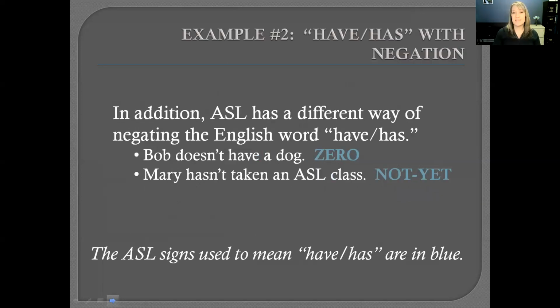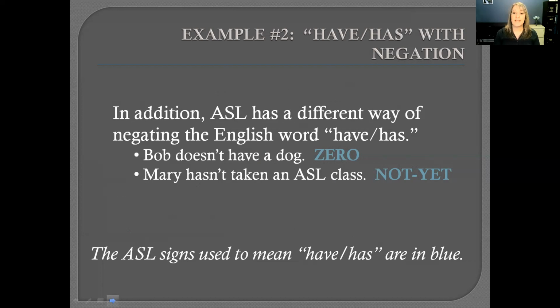So there's actually an additional feature in ASL relating to the word have or has, because in ASL, there is a different way of negating the English word has. So you don't just say, I don't have to go to the store. I don't have a dog, that kind of thing. There are two ways.